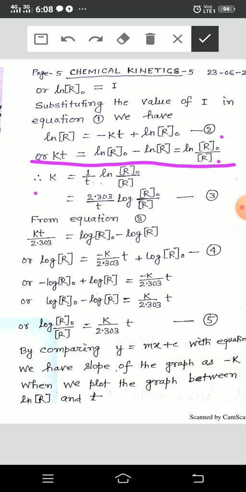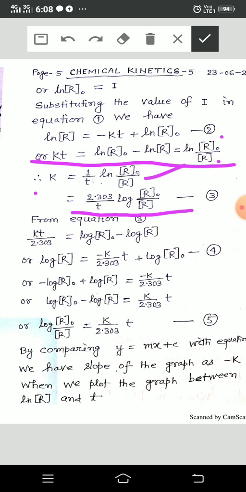So k becomes equal to 1 by t ln R naught by R. When we convert this natural logarithm into log, you will get k equal to 2.303 by t log initial concentration by final concentration.